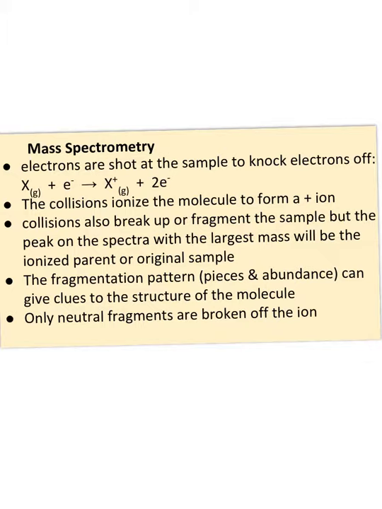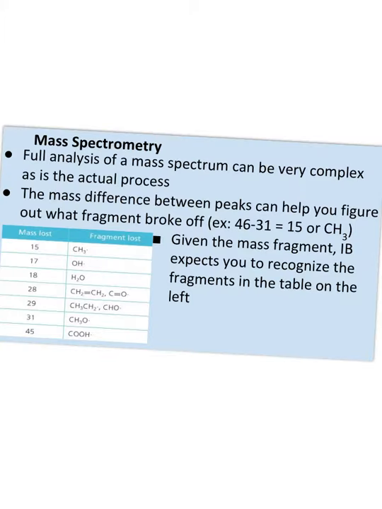If we take a look at some common ones: if you knock a CH3, a methyl group, off, that should have a mass of 15. If you knock an OH group off, it's going to have a mass of 17. Water, H2O, would have a mass of 18. 28 is going to be either ethene being knocked off, a CH2 double bonded to itself, or carbon double bonded to oxygen, so we need a little more information to know which one.